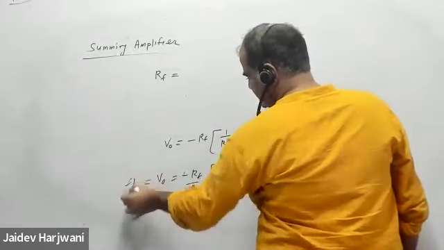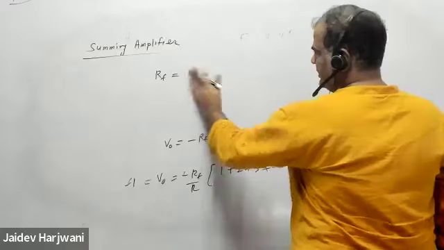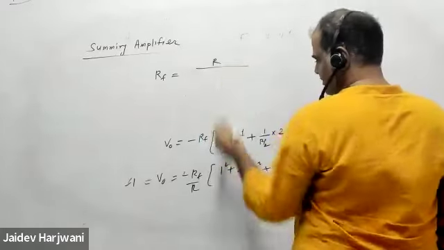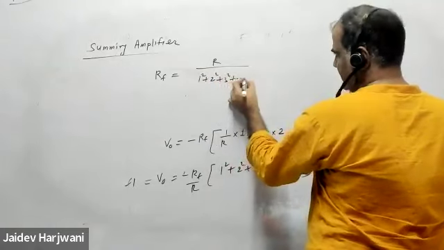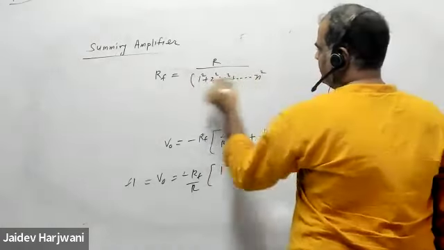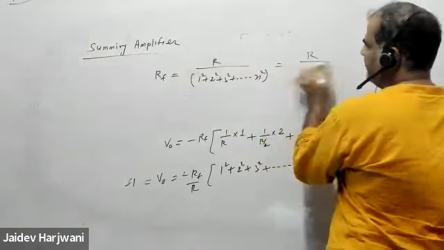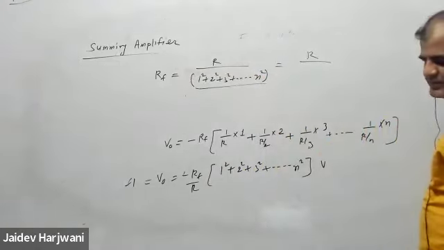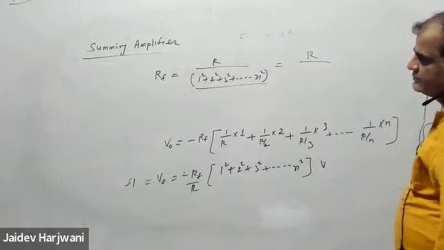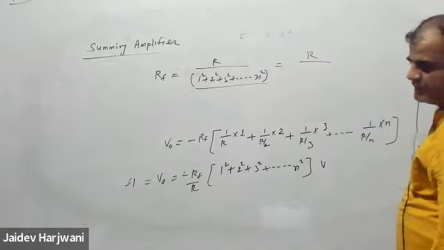So minus cancels. So RF becomes R upon 1 square plus 2 square plus 3 square up to n terms. So what is the sum of this one? Tell me. Anyone remembers what is the sum? This is a GP, na?